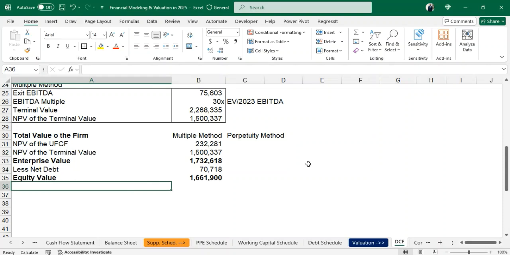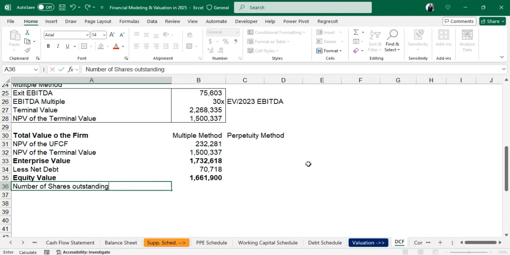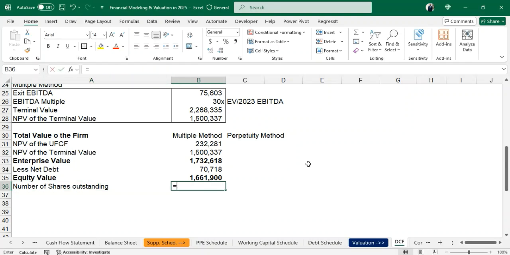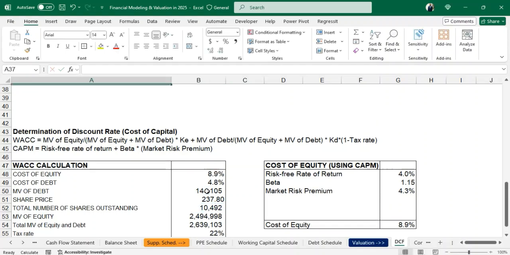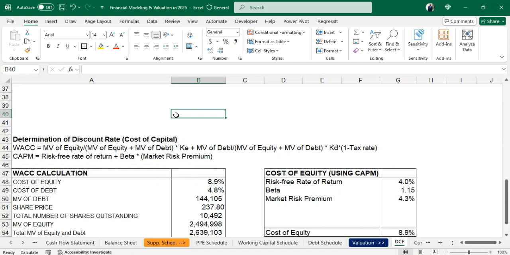So in order to calculate the price per share, we need the total number of shares outstanding. So I can have my number of shares outstanding, and I already have that beneath here. So I have my total number of shares outstanding right from here, and remember this is also in millions.